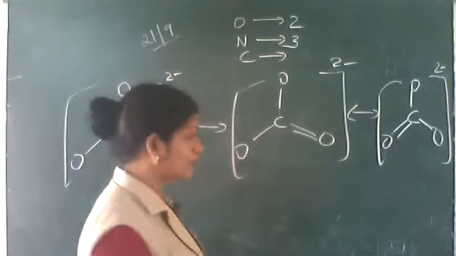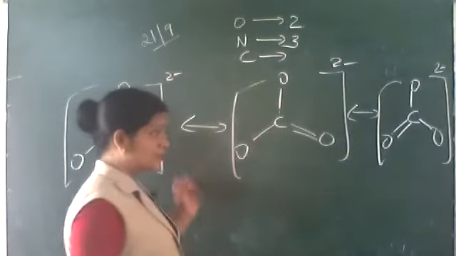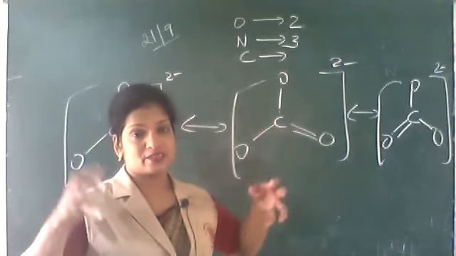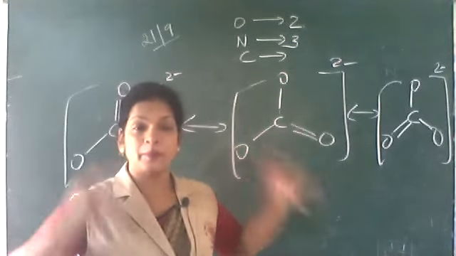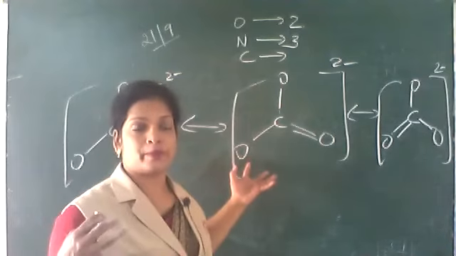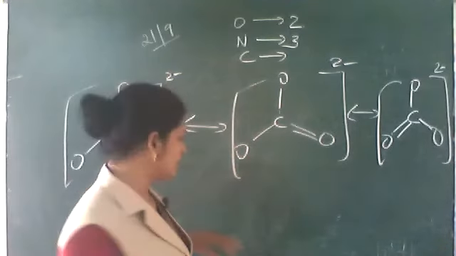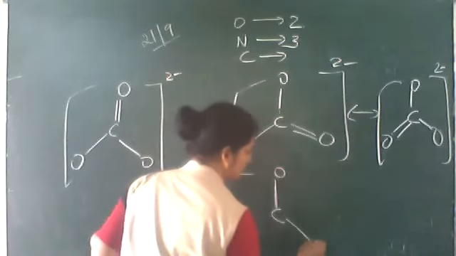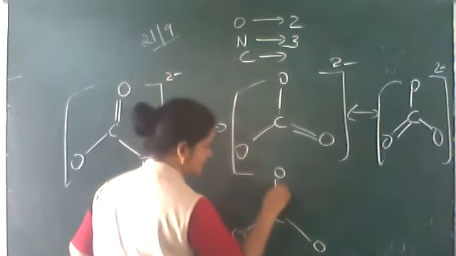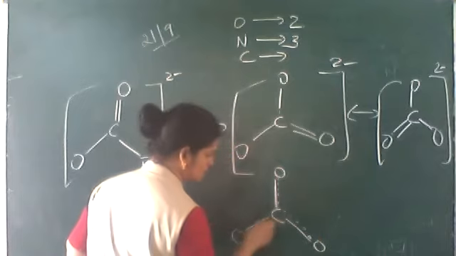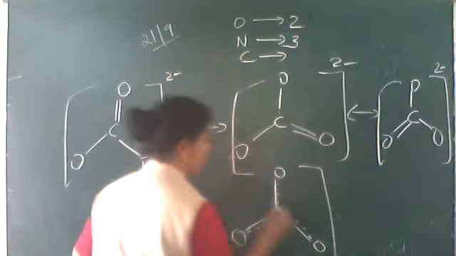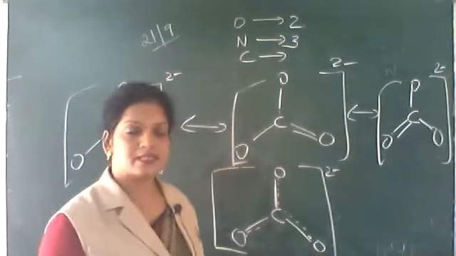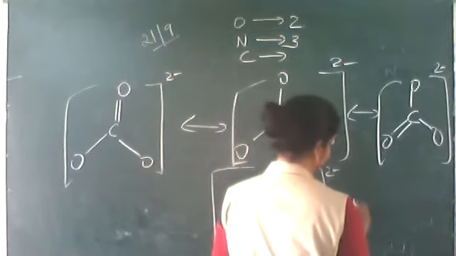For that, we are telling that 1 is not it, 2 is not it, 3 is not it, it is somewhere in between. That structure is called a resonance hybrid, which cannot be shown on a piece of paper or on this board. Still, we are showing it this way. That is, see, one bond here, here, and this is like this. Partial bonds we are showing, and 2 minus. We are showing it like this. This is the resonance hybrid.